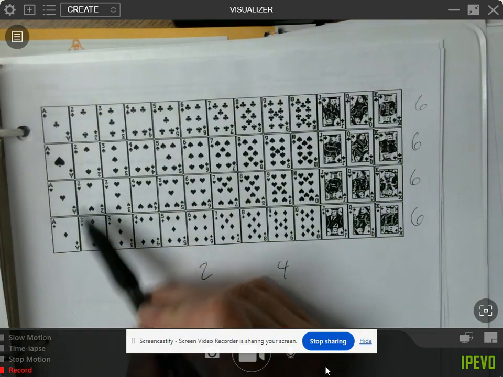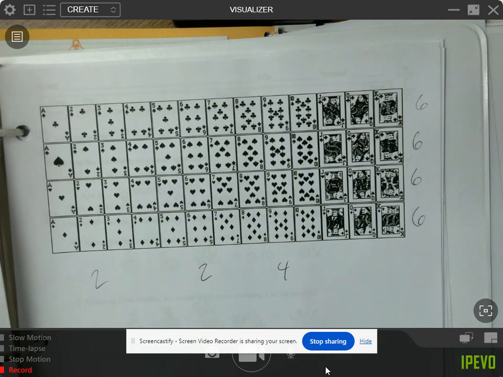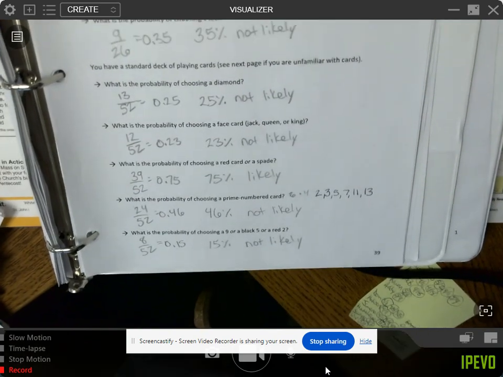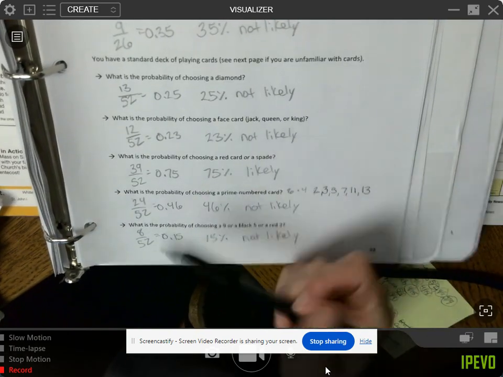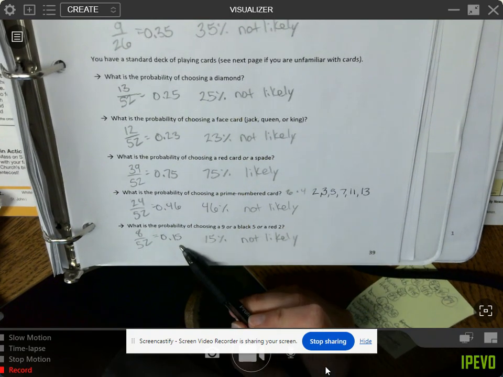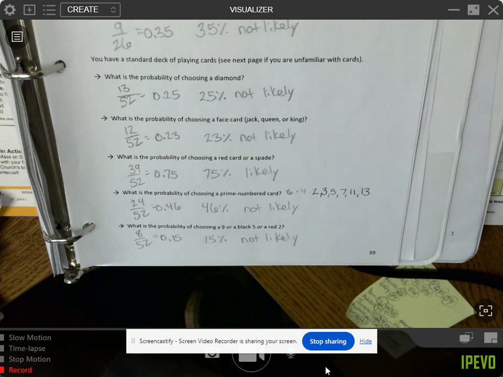There are 2 red 2s. So that is 4 plus 2 plus 2, which is 8. So there are 8 of those cards that we are desiring. So 8 on top divided by our 52, we get 0.15, which is 15%, not likely to happen.